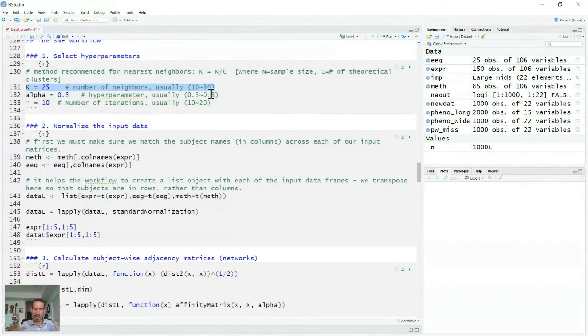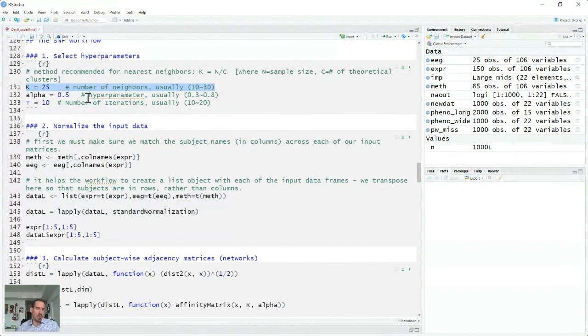I don't know if that's entirely clear, but the point is ideally we want to put some constraint on how far the algorithm is looking outside of one person's values for a given high dimensional data type to identify its nearest neighbors and determine how similar or how different it is for that person across data types.